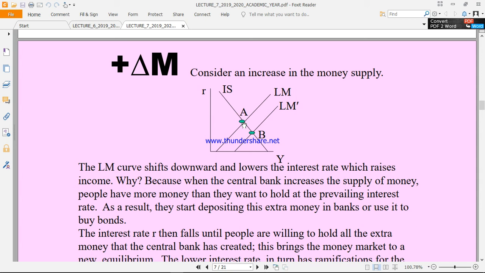And this is what led to the crisis in the US around 2000-something, when the interest rates were very low, such that people were very free to buy bonds and get mortgages, do their dream houses and everything.